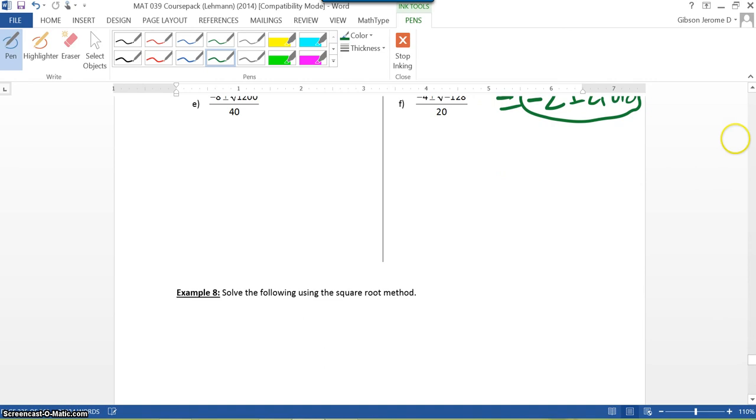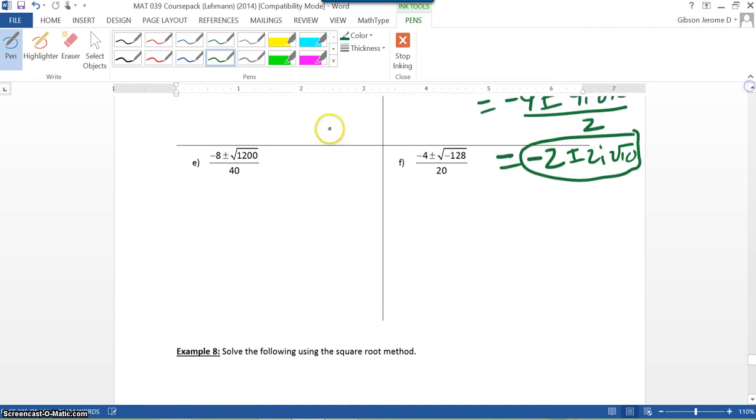Now, let me do E here. Now with E, we will have negative 8 plus or minus the square root of 1200. Now we could do this as the square root of 400 times the square root of 3 all over 40.